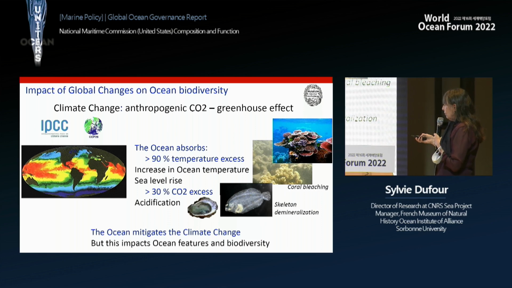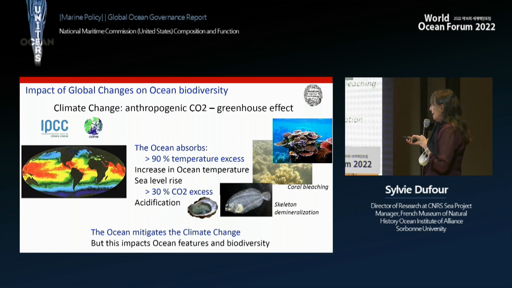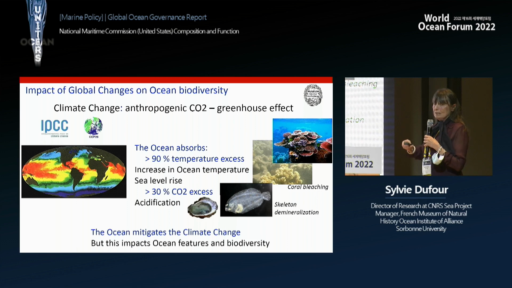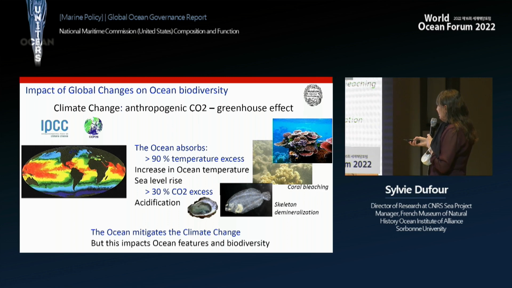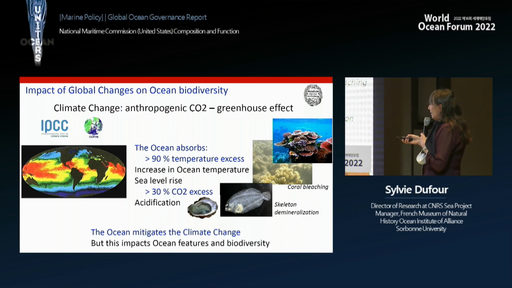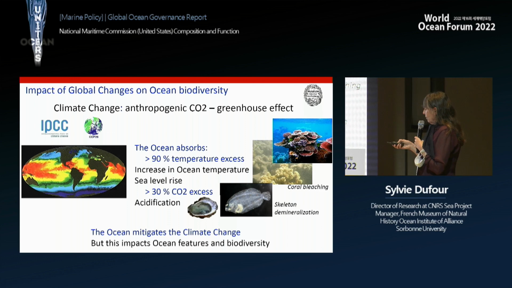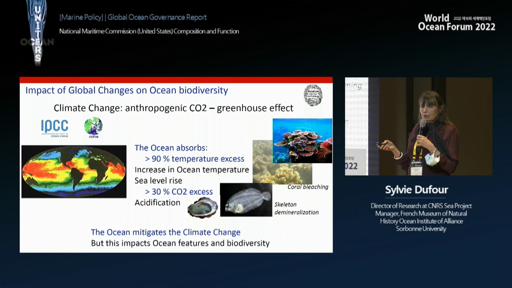The temperature of the ocean has risen, leading, as was mentioned, to sea level rise and all the effects it has on the coast and the societies living near the coast, but also impacting directly all the organisms living in the ocean.